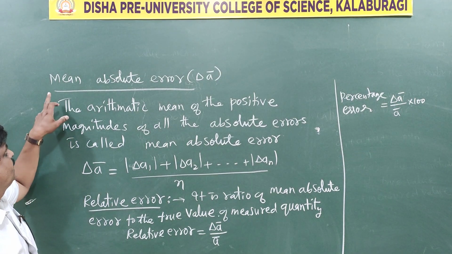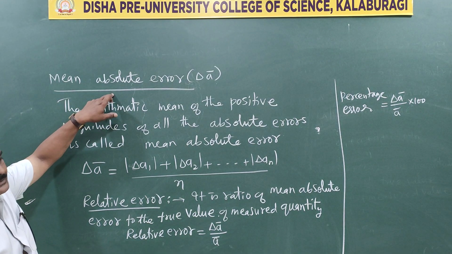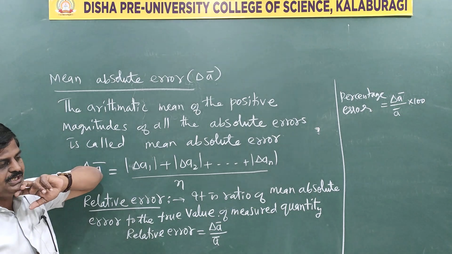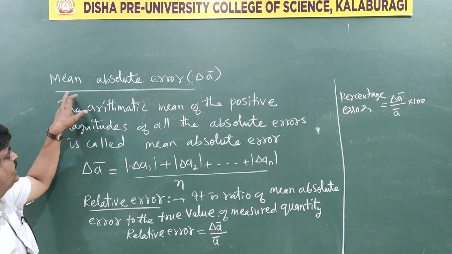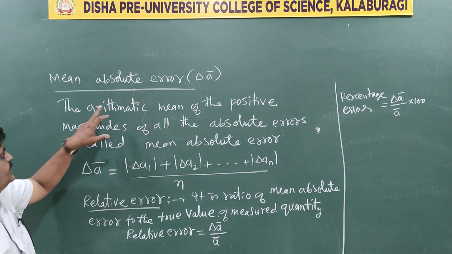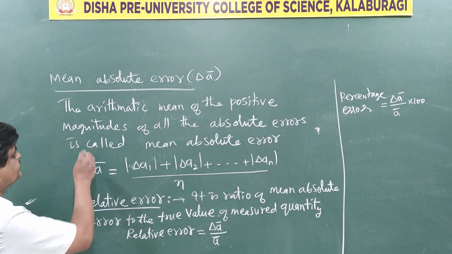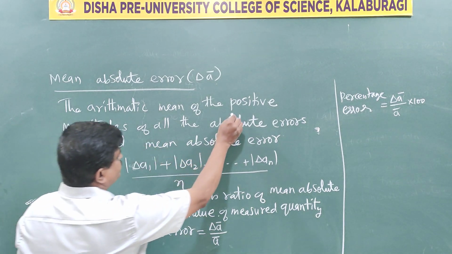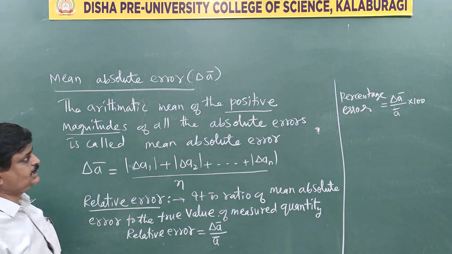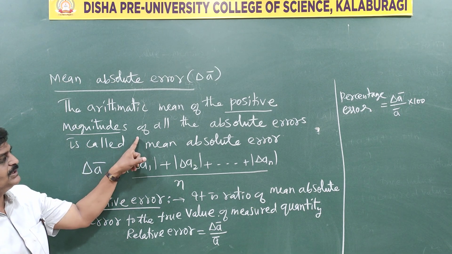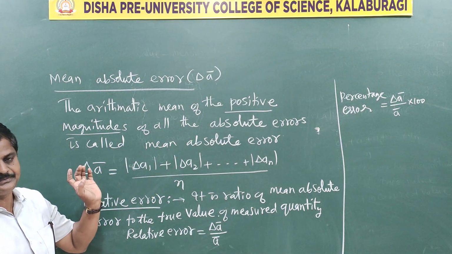Another one is mean absolute error. We have just seen absolute error. Mean absolute error means the arithmetic mean of all positive magnitudes of all the absolute errors.